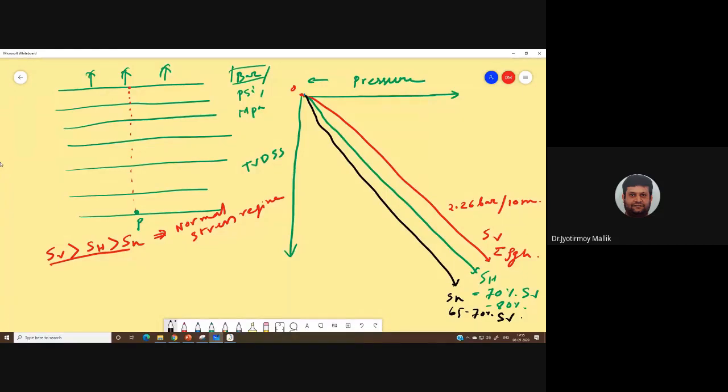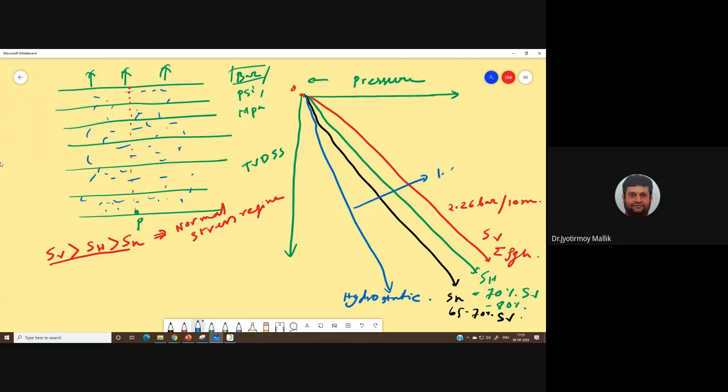And now, of course, as I said, there will be another thing present there, which is my fluid pressure, because the upper crust is mostly filled with either water or gas. So there will be a fluid pressure increasing as well. Say this is hydrostatic, that means normal fluid pressure gradient, which is around 1.15 bar per 10 meter.